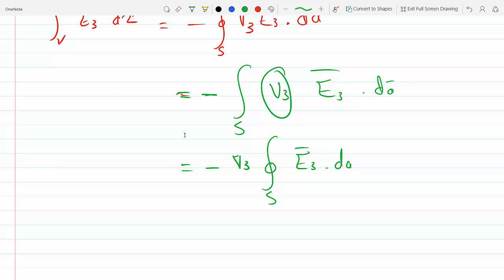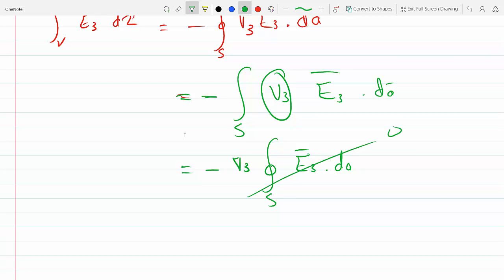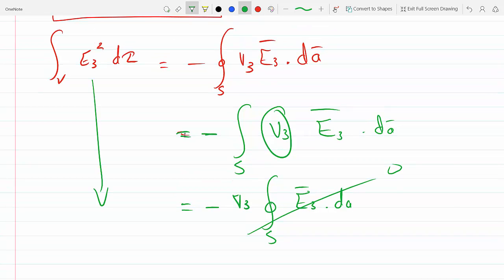Well, we said the first time that E3 dot dA is 0, right? Because you're inside a conductor, or in the region between the conductors. So over each boundary surface, this has to vanish. Correct?